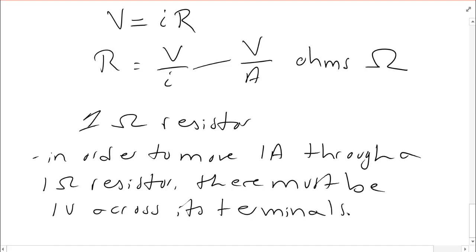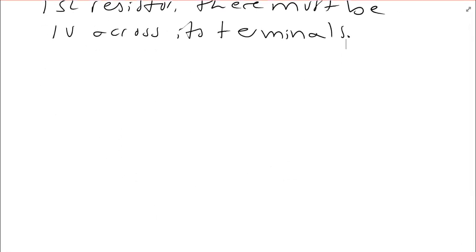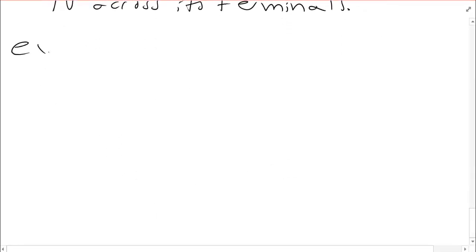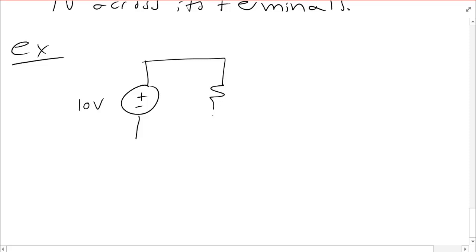So, let's put this all together and let's ask ourselves the question, in a circuit that contains a voltage source and a resistor, how much current is flowing? So, let's say this is a 10 volt voltage source. And this is a 2 ohm resistor.